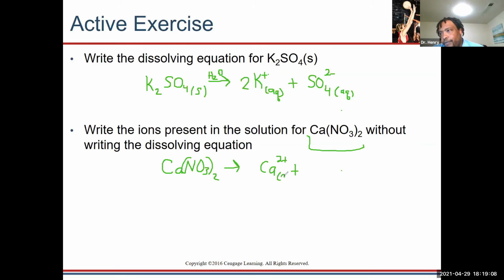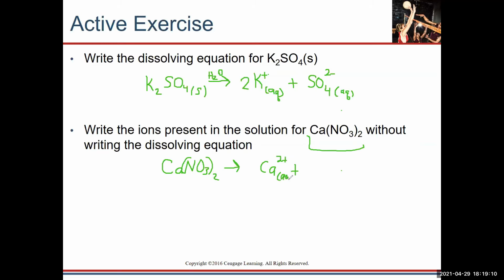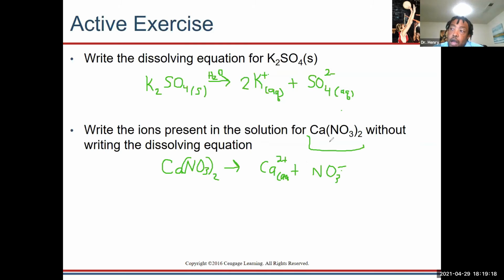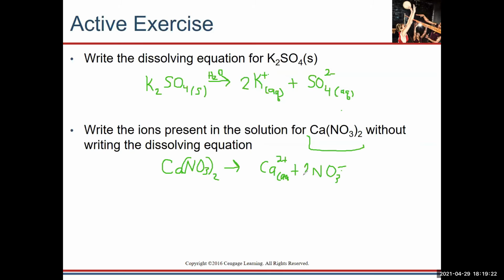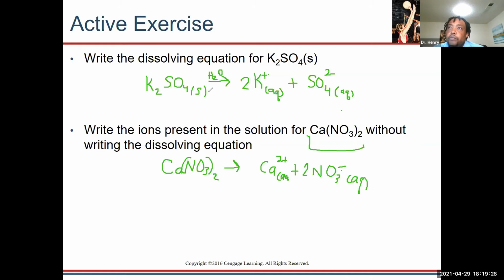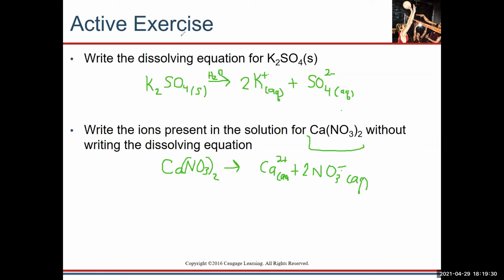Again, aqueous. And then NO3 with a -1 charge. And how many of those do we have? So put a 2 in front of NO3. There you go. Piece of cake? That one's easy.